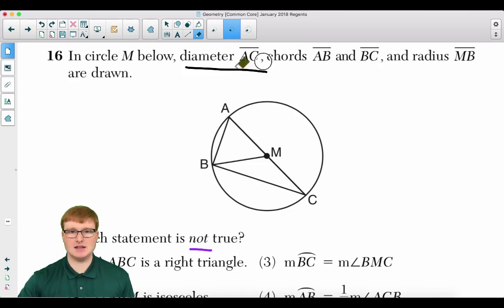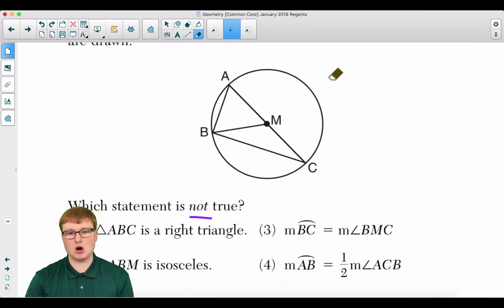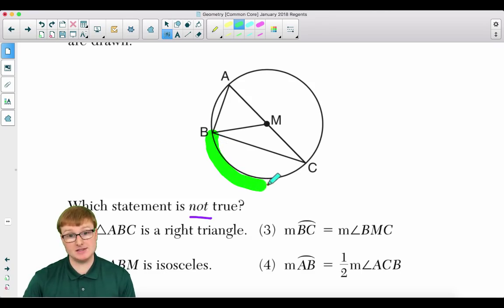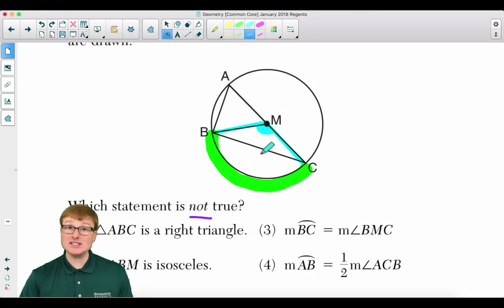Number 3 is telling us that the measure of arc BC is equal to the measure of angle BMC. So we're talking about this. The measure of arc BC is equal to the measure of angle BMC. Well, let's see here. This is called a central angle. And a central angle, in this case, is intercepting arc BC.